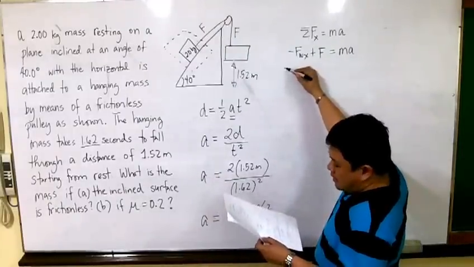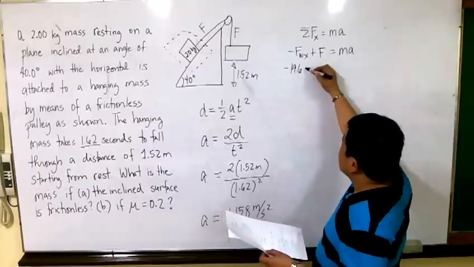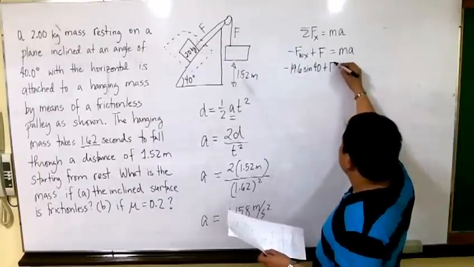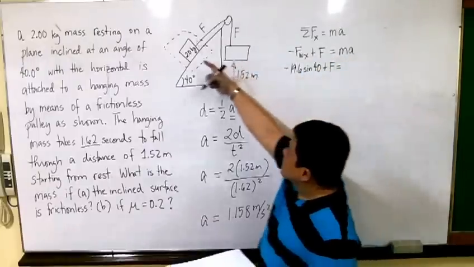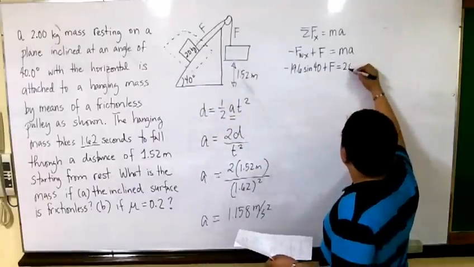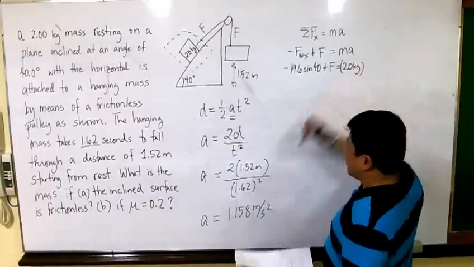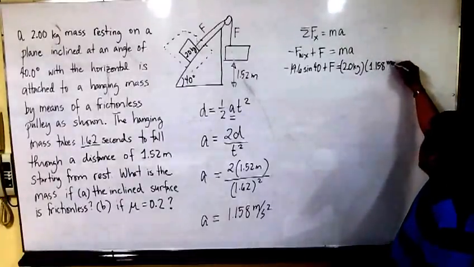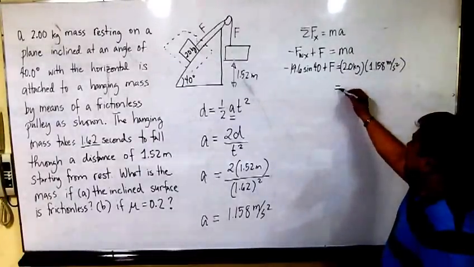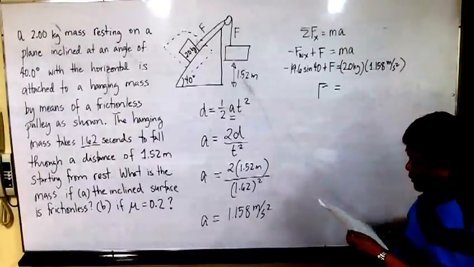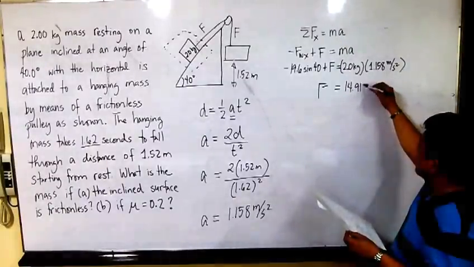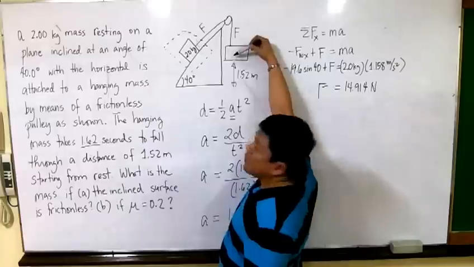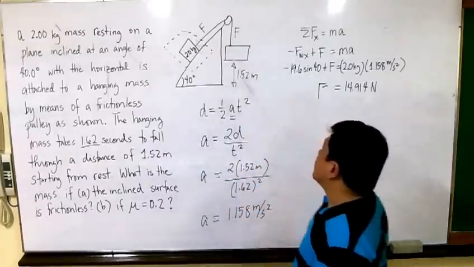You will get negative 19.6 sine 40 degrees plus F is equal to the mass, which is 2.0 kilograms, times the acceleration that we have here, 1.158 meters per second squared. Solving for F, you will get 14.914 newtons. This is the force because of the weight of this object here.